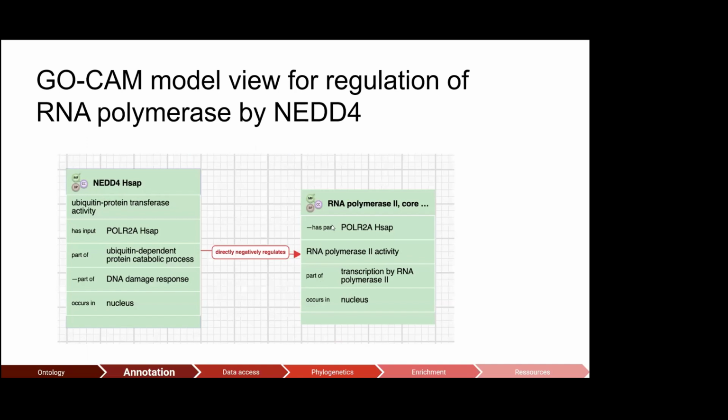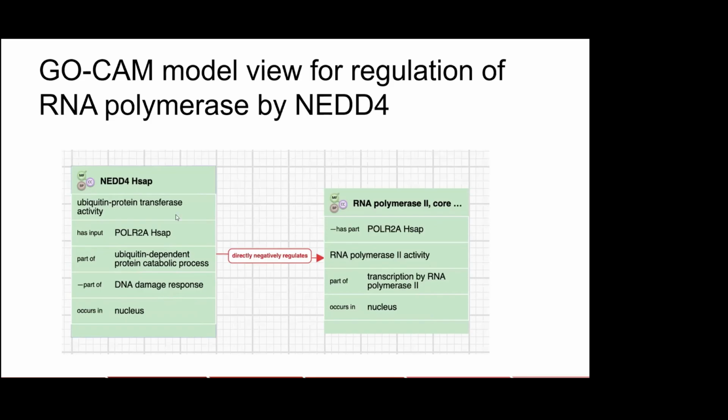So here is a GO-CAM model view for the regulation of the RNA polymerase by NET4. You see that NET4 has ubiquitin transferase, protein transferase activity with the polymerase as input, which is part of the ubiquitin-dependent protein catabolic process, and also part of DNA damage response. And this activity occurs in the nucleus.